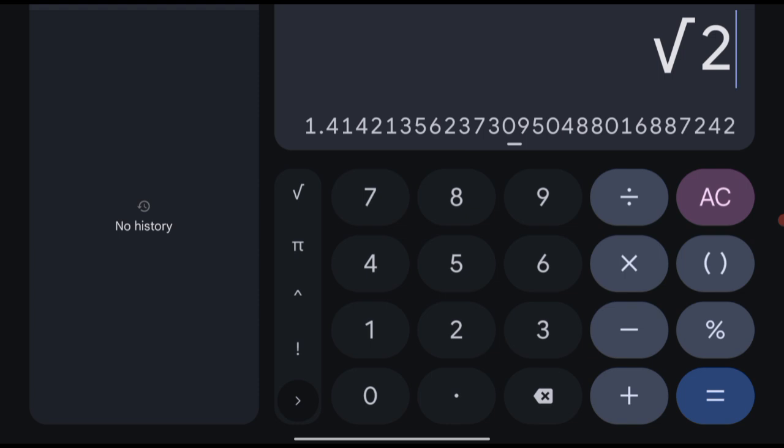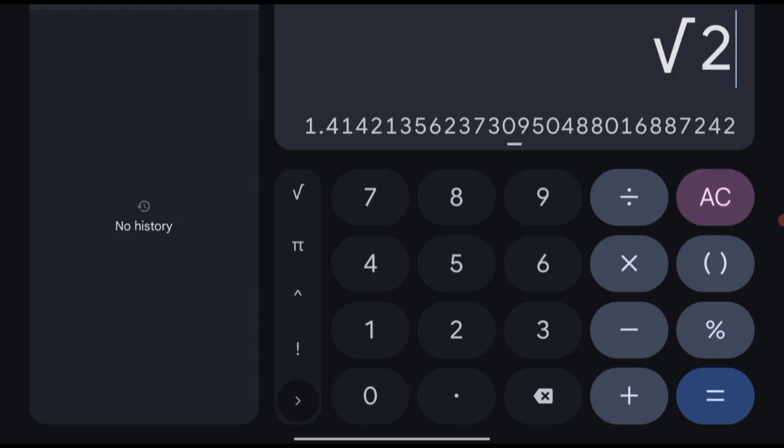And if you look at the digits that follow after the decimal, you can see that it does not follow any particular sequence. It is not repeating or following any pattern. And these are not the only digits that are there. This is the limit to which my calculator can display, but this just goes on to infinity.